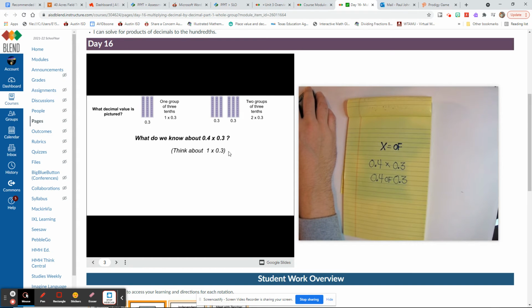So think about 1 times 3/10. That's what we're looking at over here. If we have one group of 3/10, then we have 3/10. Another thing I want you to think about is 0 times 3/10. We have 0 groups of 3/10. We have nothing.